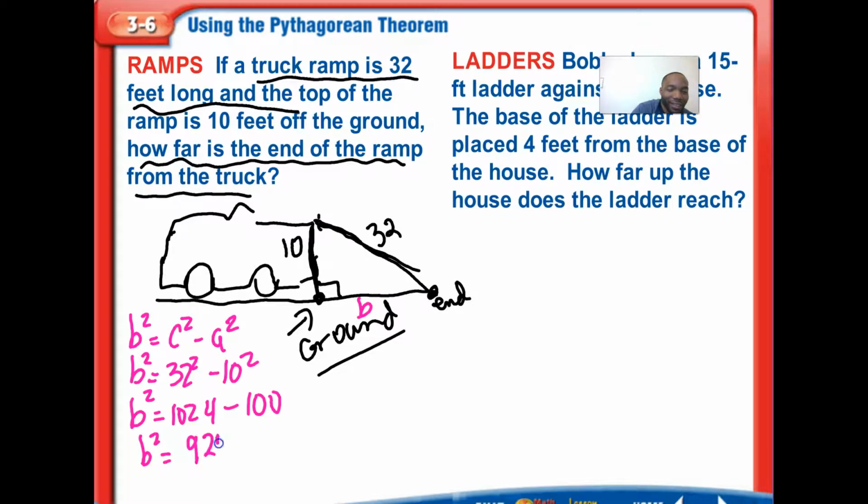And the square root of 924 is approximately 30.39. What does that 9 do to that 3? Round it up to a 4. So approximately 30.4. What are our units? Feet.